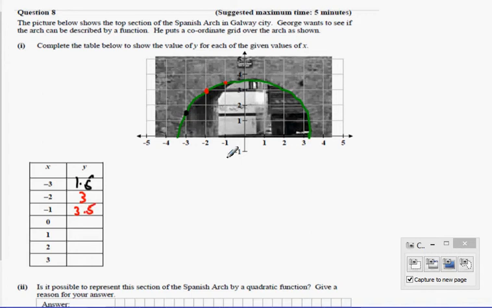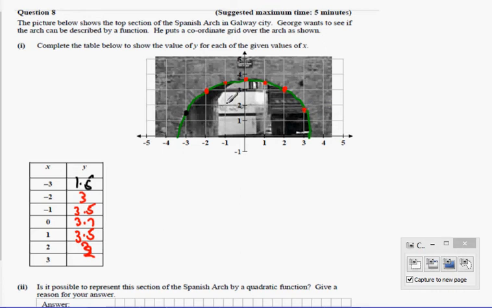Okay, the next one, 0. 3.7, call it. It's above 3.5. What about the one beside it? Anybody? 3.5. What about this one here? 2, I say 3. And the one after it? I got this one slightly different.